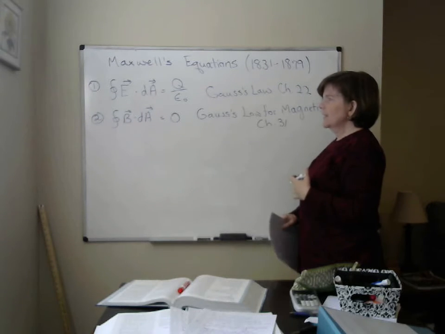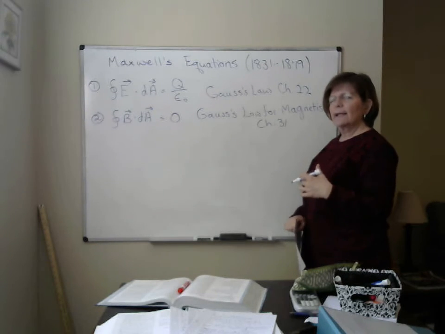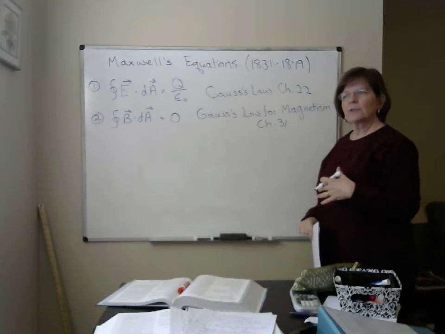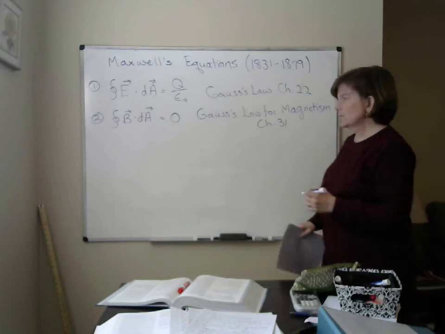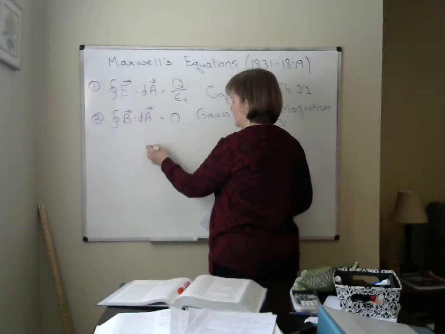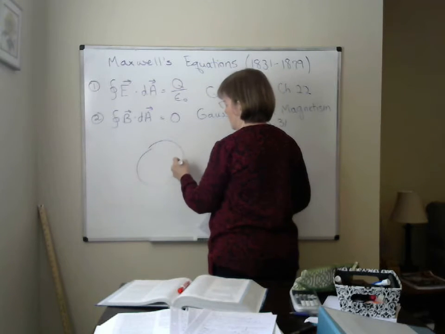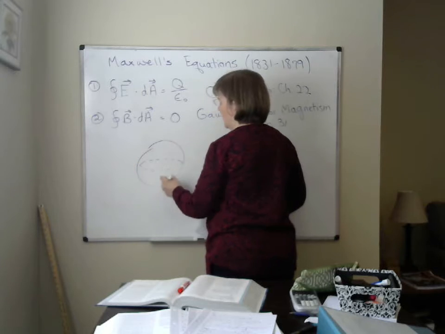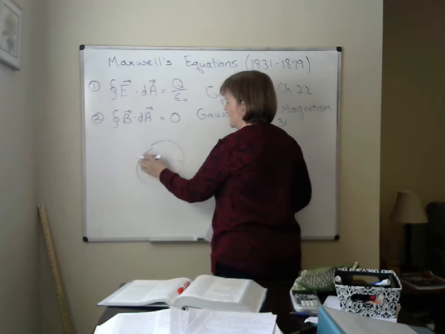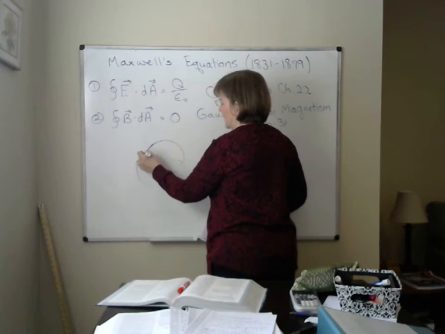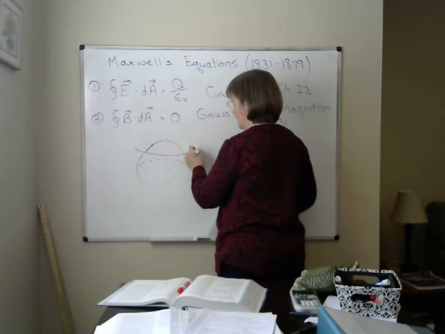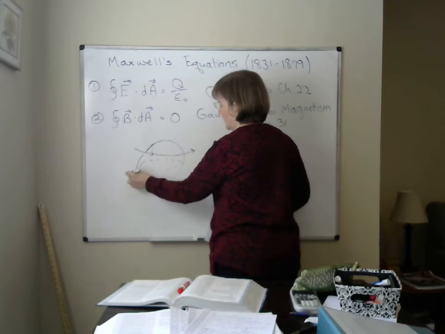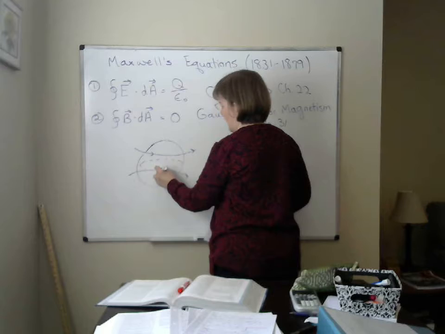The difference being that since magnetic fields form closed loops, if I have a closed surface like this, picture a spherically closed surface, magnetic field lines never stop. And so inevitably, the magnetic flux into the surface has to equal the magnetic flux out of the surface.